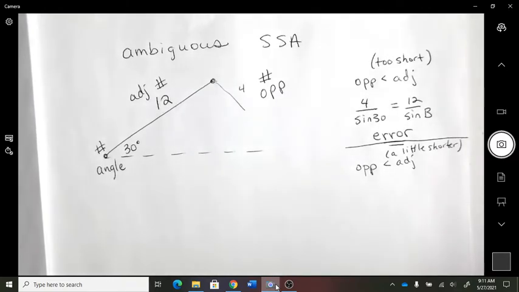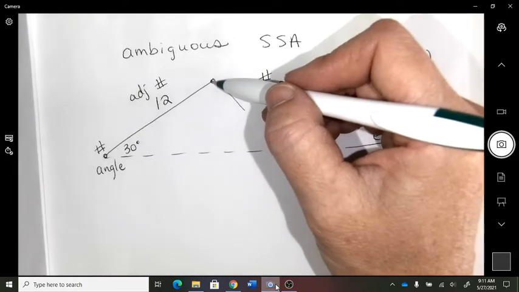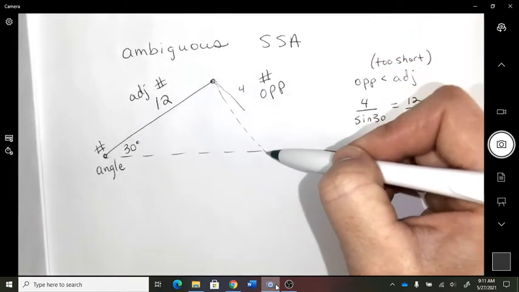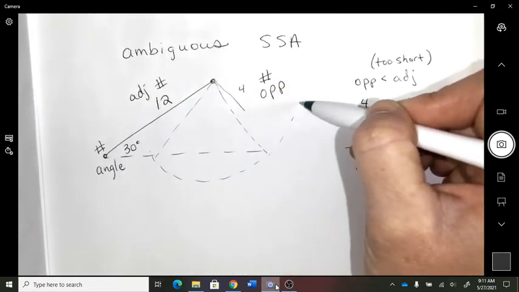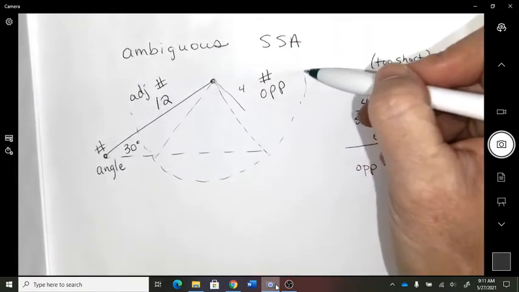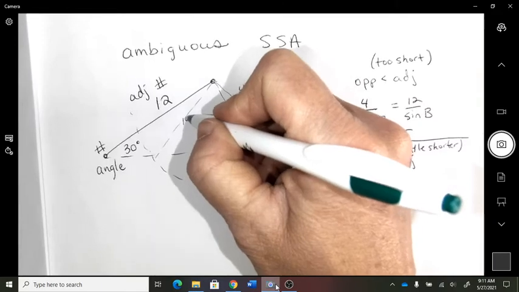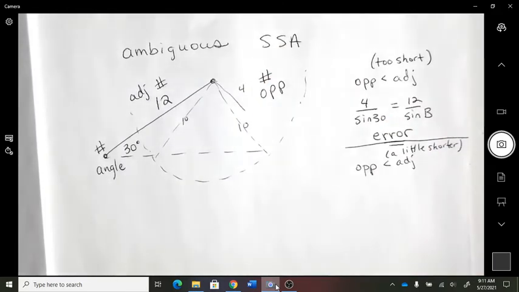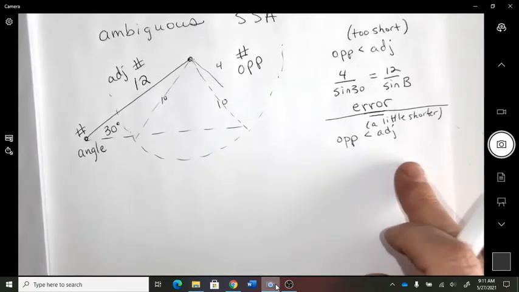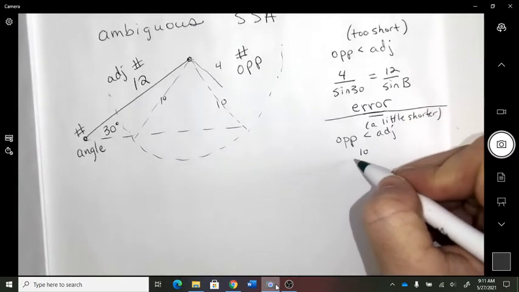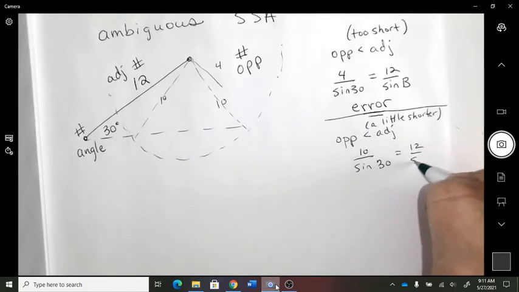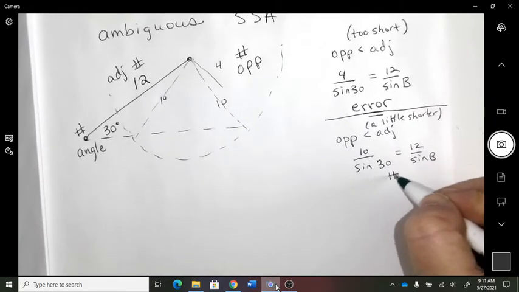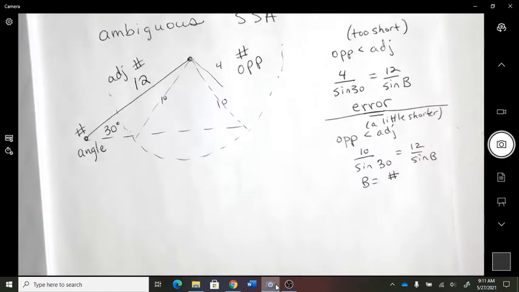What would it look like if my opposite side was 10? Do you remember that 10 could swing around? 10 could touch twice. So if your opposite is shorter than your adjacent, and you did this, you would get an actual angle.